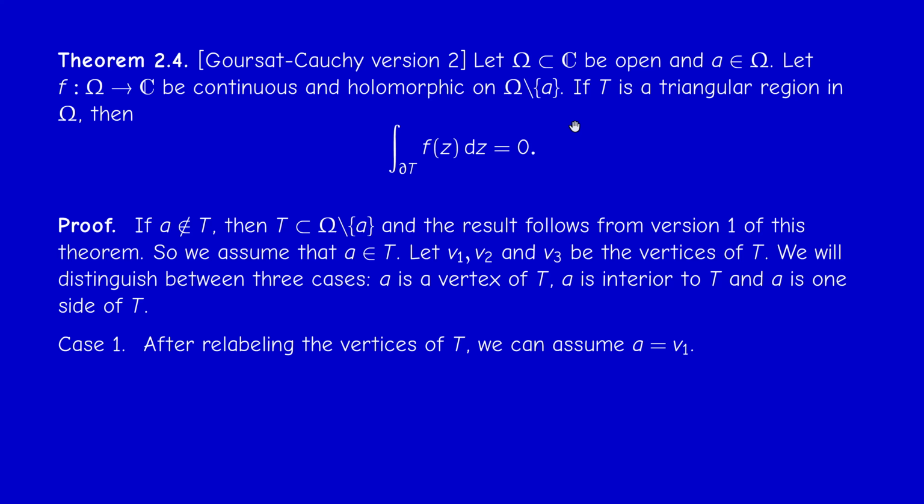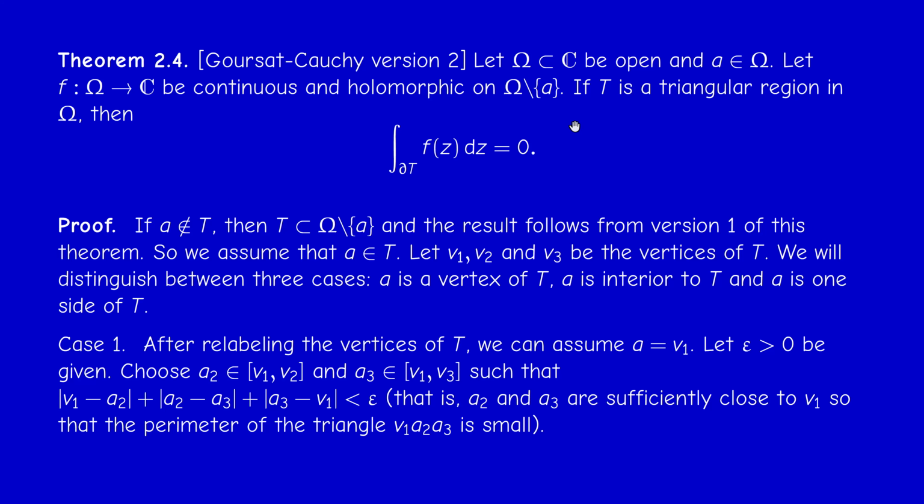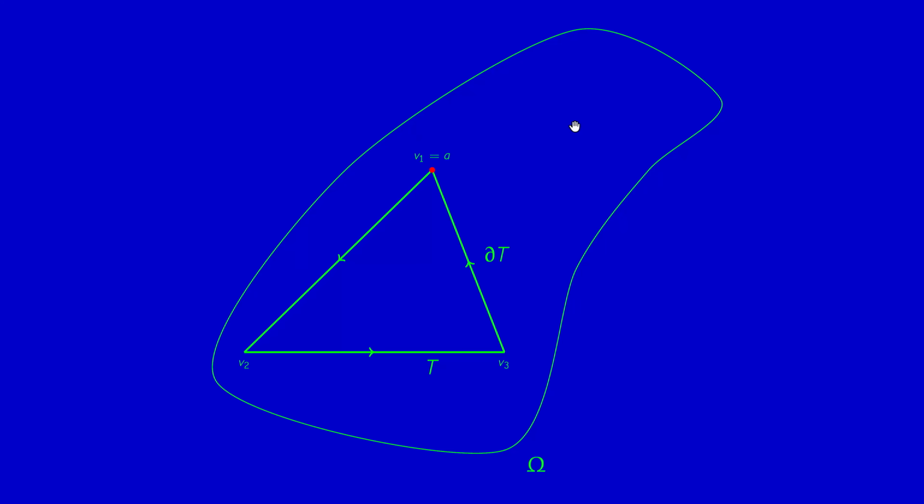So if you relabel the vertices of T, you can always assume that a equals v1. Okay, and now I will choose one point on the side v1, v2 that I call a2, and a point a3 on the other side, such that the perimeter of the triangle a, a2, a3 is less than epsilon. Okay, so I will draw a figure to explain that.